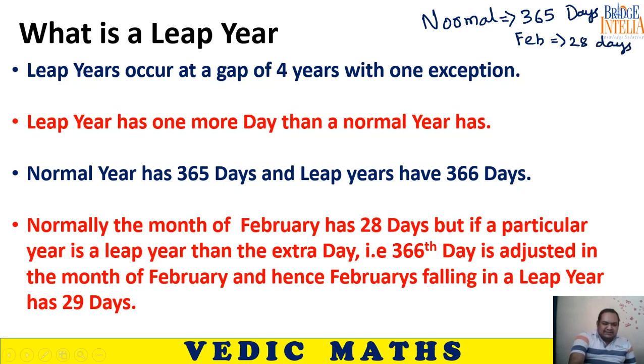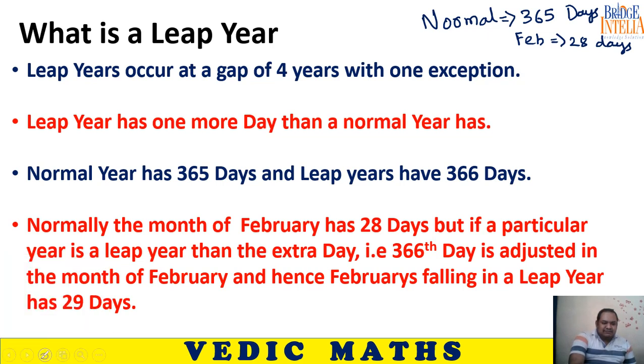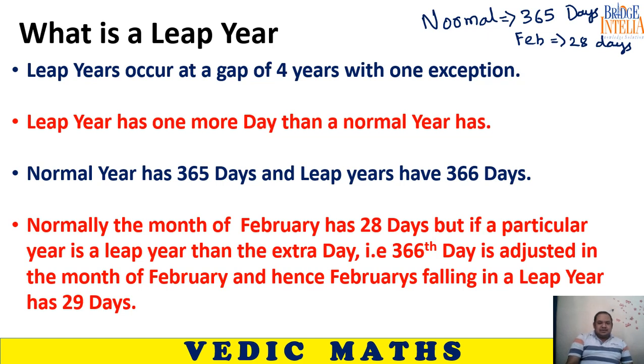Leap years are those years which have one extra day. A normal year has 365 days only, whereas a leap year has 366 days.